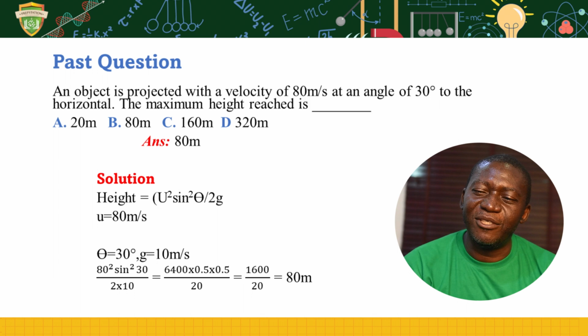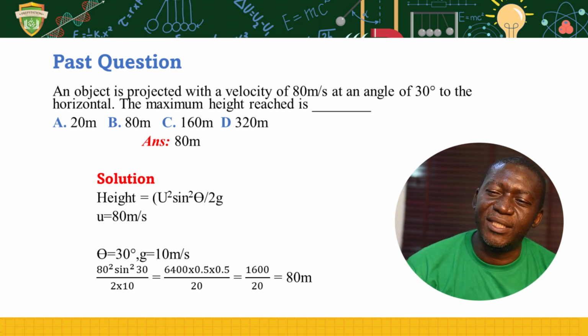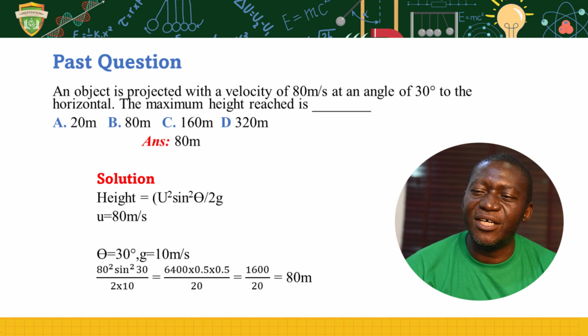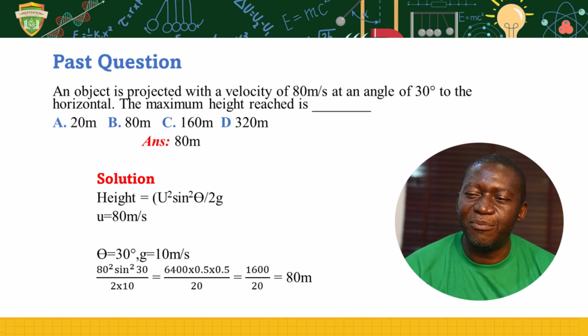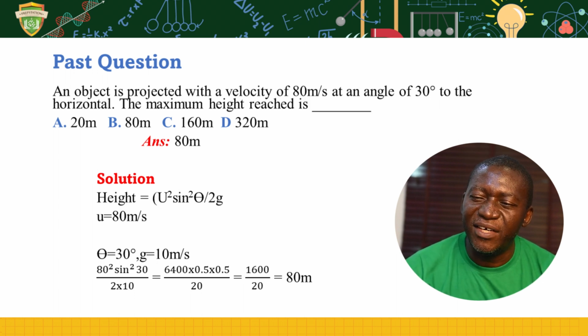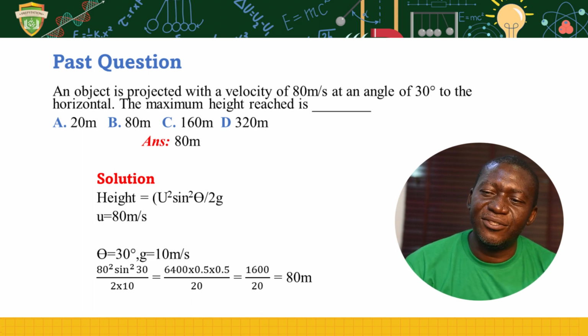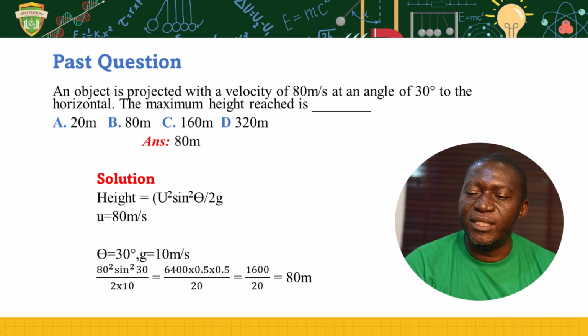So 0.5 multiplied by 0.5, everything divided by 2g, 2 multiplied by 10, which will be 20. So if you have 6,400 multiplied by 0.5 multiplied by 0.5, you are going to have 1,600 divided by 20, which will give you 80 meters.